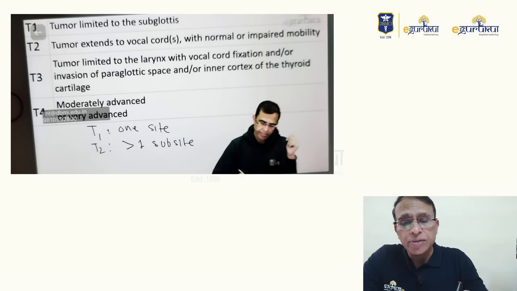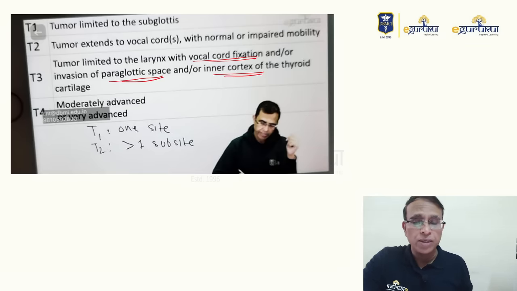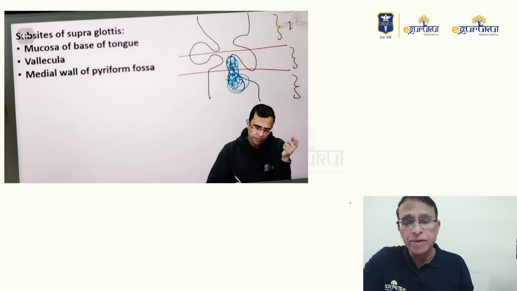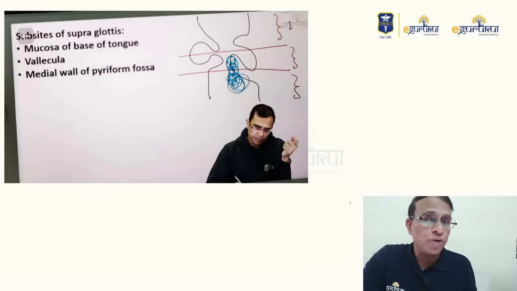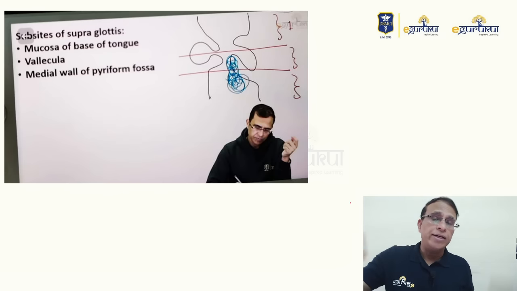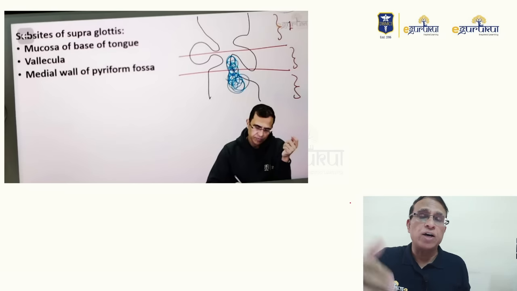Now T3 is one of 3 things: either the vocal cord is fixed, or there is invasion of the paraglottic space, or the inner cortex of the thyroid is involved. And T4 is A and B, which is outside of the larynx. T4 is outside the larynx, and in A it is very close to the larynx, and in B it is far away from the larynx.